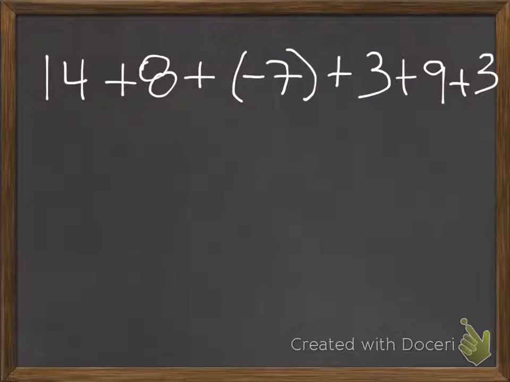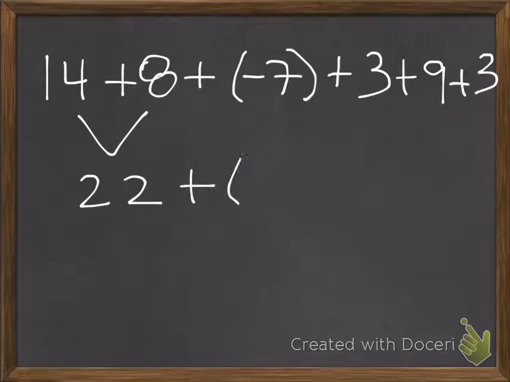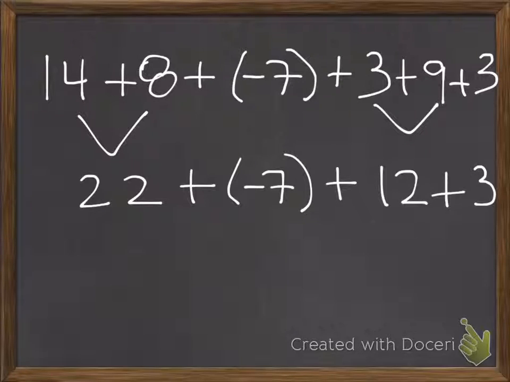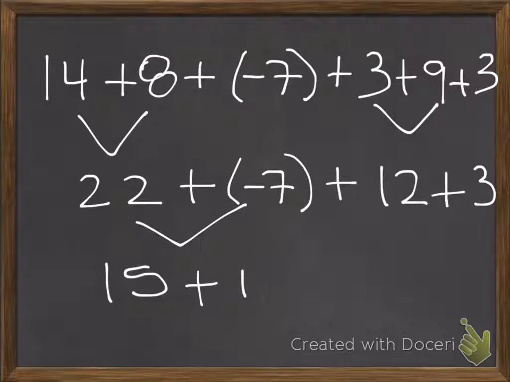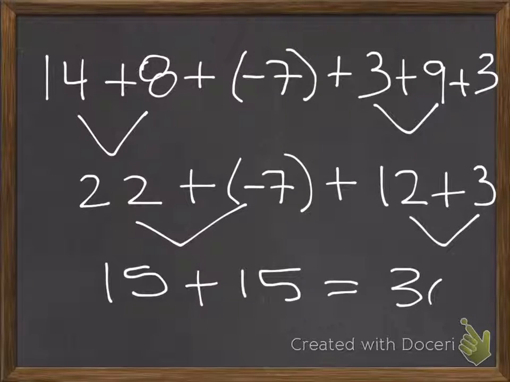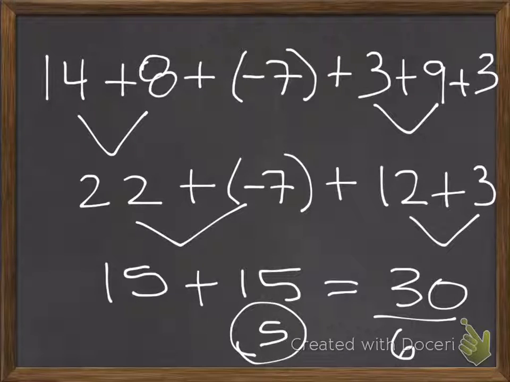So that gives us, and I usually take 2 numbers at a time, so we get 22 plus negative 7 plus, you could do 12 plus 3. Then we could do these 2, which gives us positive 15 plus another 15, which gives us a total of 30. And since there are 6 numbers, we're going to divide that by 6. So our average is going to be 5.